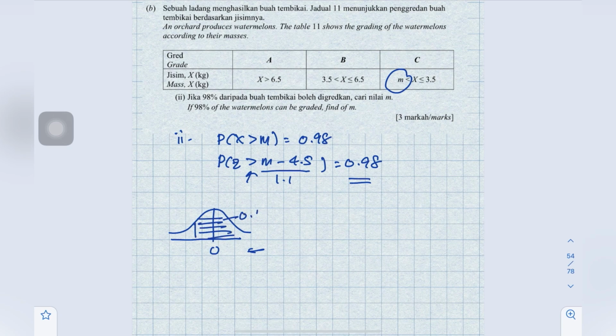So this is 0.98, and 1 minus 0.98 is 0.02.